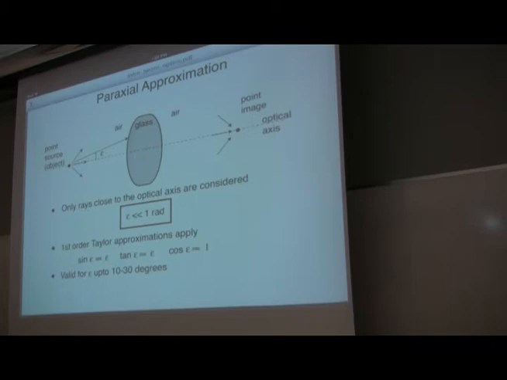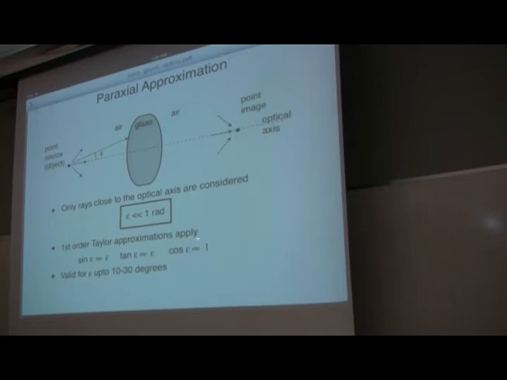We will ignore rays that come at very large angles. That has some important implications. Essentially, that means that epsilon, only rays close to the optical axis are considered, so epsilon is much smaller than a radian, let's say.